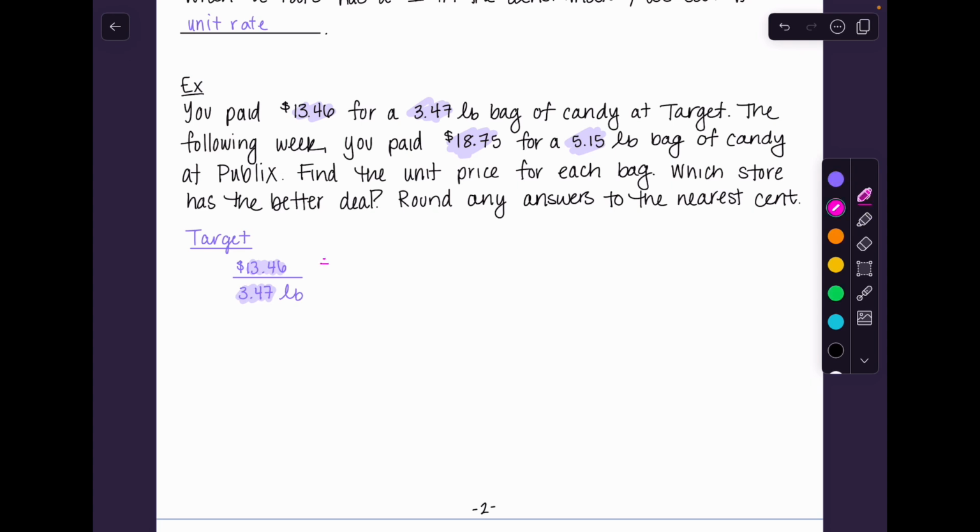Or again, you can think of this as take the top and bottom and divide it by 3.47. So you might have to round for this, but when you go through and do this, 13.46 divided by 3.47 is roughly $3.88. And that leaves us with 1 pound in the denominator. Okay. Now I'm going to do exactly the same thing for Publix to be able to get my comparison.